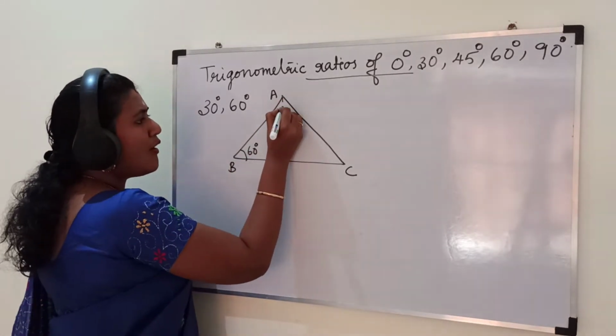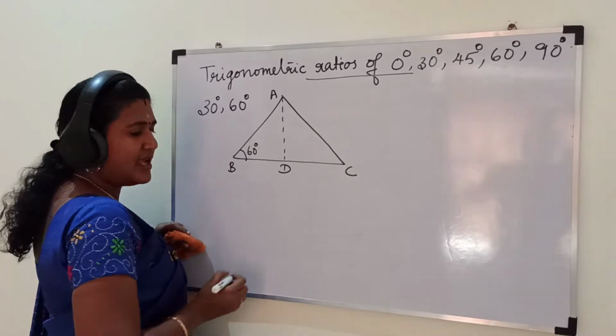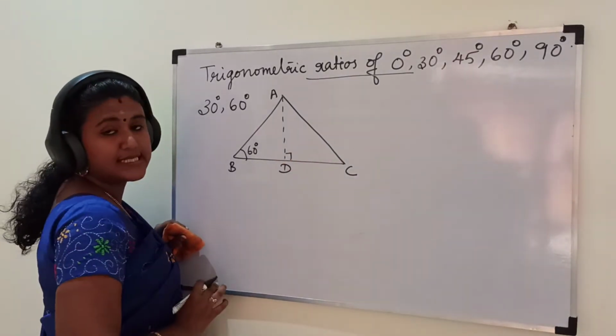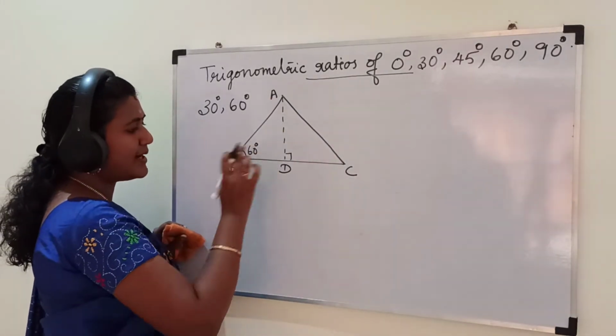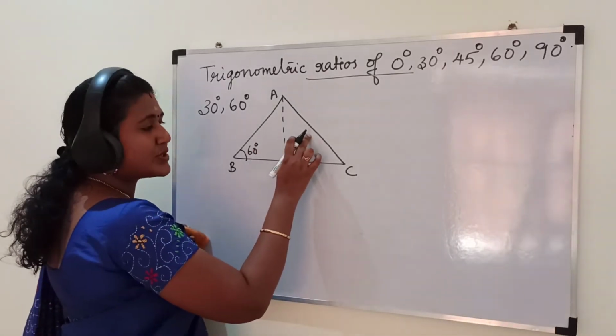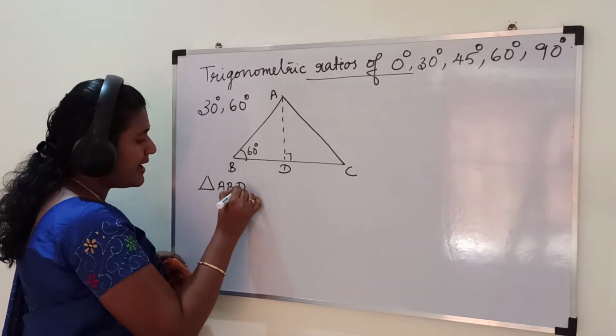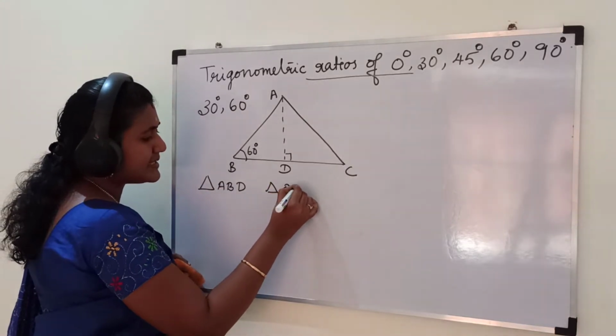Now you draw a perpendicular AD to the side BC. So we have drawn a perpendicular AD. Now you consider these two triangles, that is triangle ABD and triangle ACD.